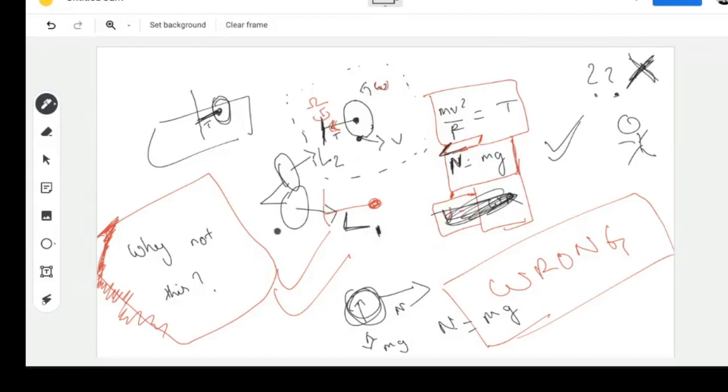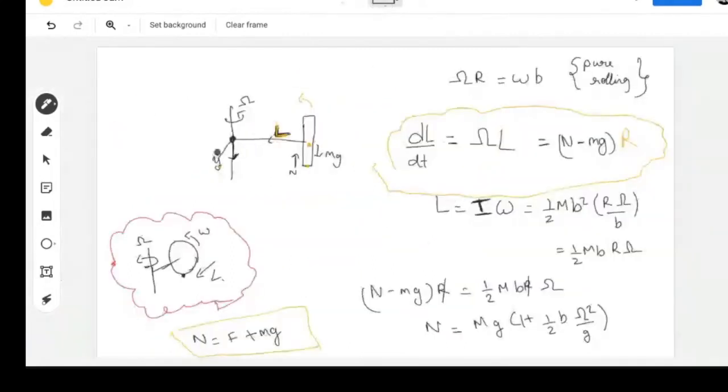Basically, the angular momentum due to the wheel is I omega. So this is changing. If I take it this way, the tension and normal, whatever I used to do in my circular motion, there's nothing in my math or nothing in my logic that explains this L2 minus L1. So hence we know for a fact that there's a force being applied by this pivot.